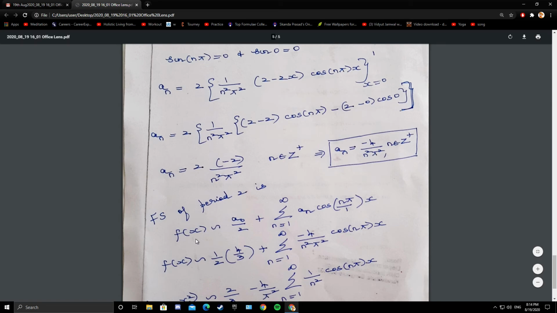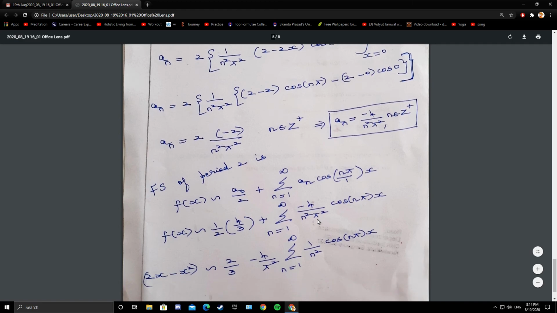So the Fourier expansion formula is f of x converging to a naught by 2 plus summation 1 to infinity a n cos of n pi x. So what is a naught? 4 by 3. So half of 4 by 3 plus summation 1 to infinity, a n is minus 4 by n square pi square, cos of n pi x.